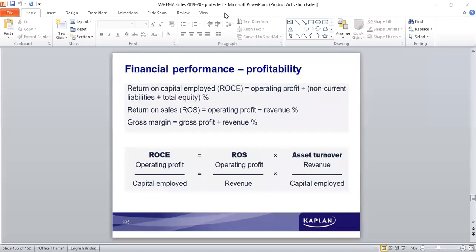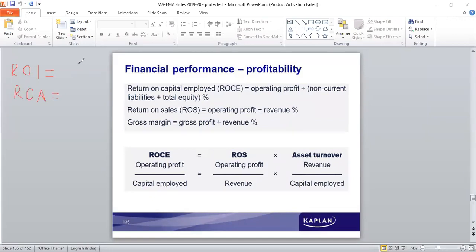So in the question, they may also mention what is return on investment, ROI. Then we also have ROA, return on assets. Basically, the equations talk about return on investment is equal to return, that is profit divided by investment. Then return on assets is equal to profit divided by total assets.